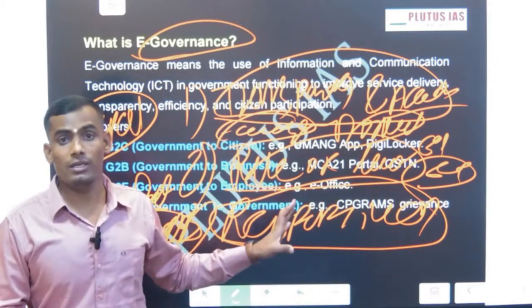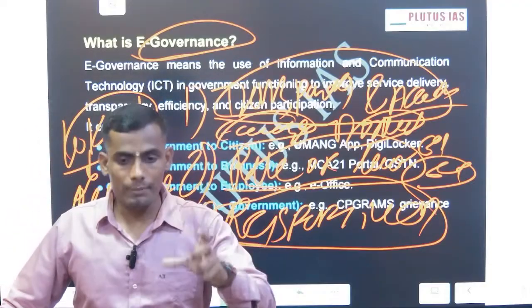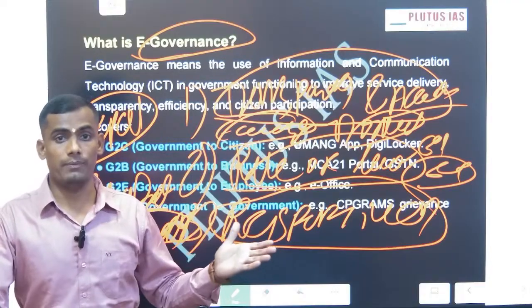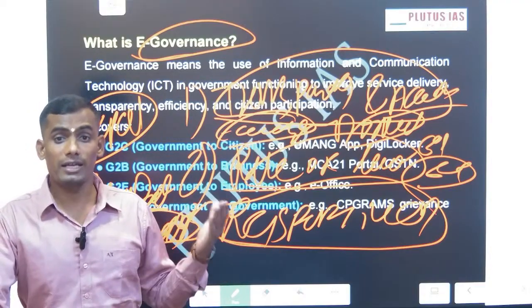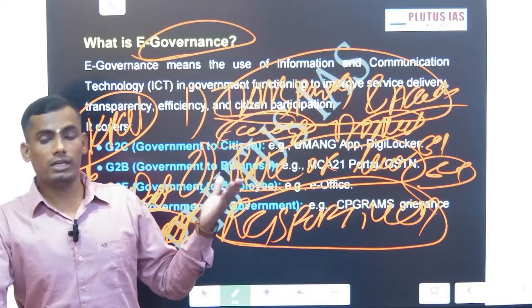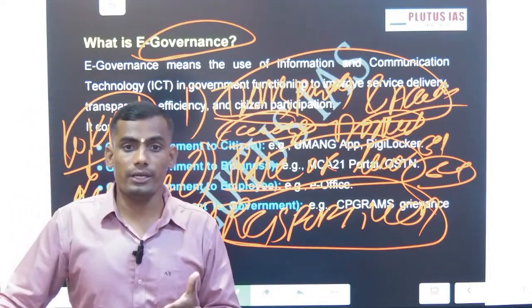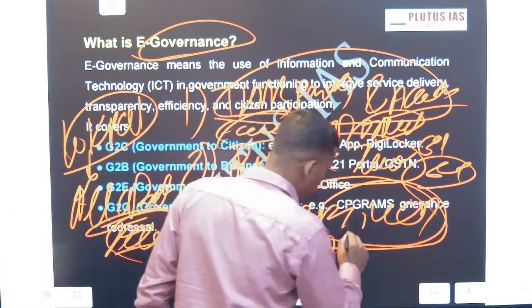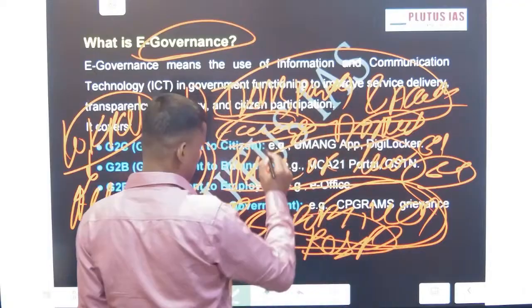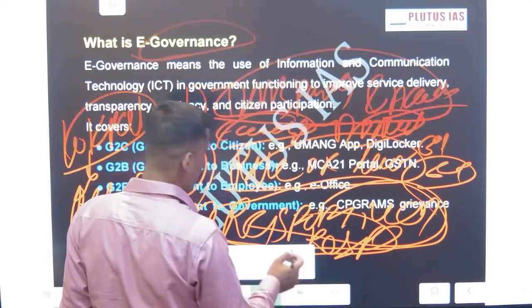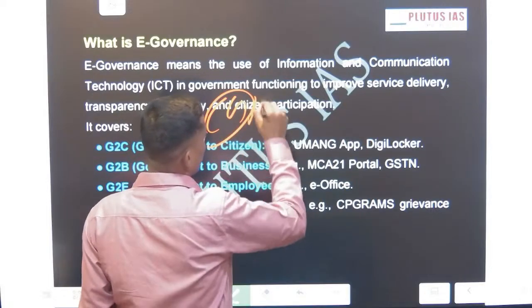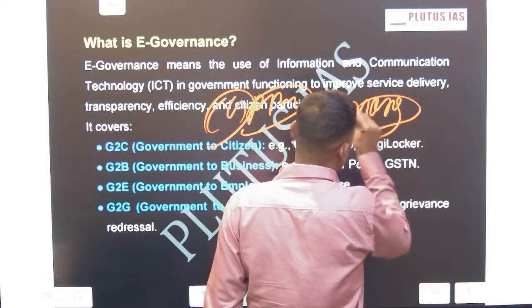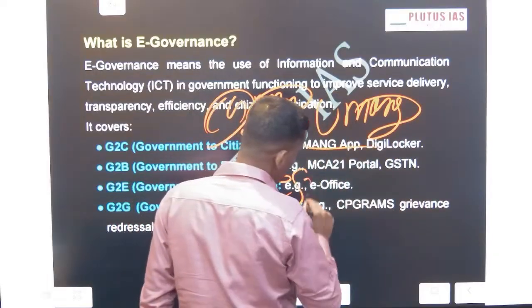And this is easy, particularly to help vulnerable sections, but the best example is the health sector: Ayushman Bharat scheme, National Health Mission, DigiLocker. Then COVID had an app. That was the response from the government. Then the central grievances addressal mechanism, or the Umang app, ensures the responsiveness of governance.